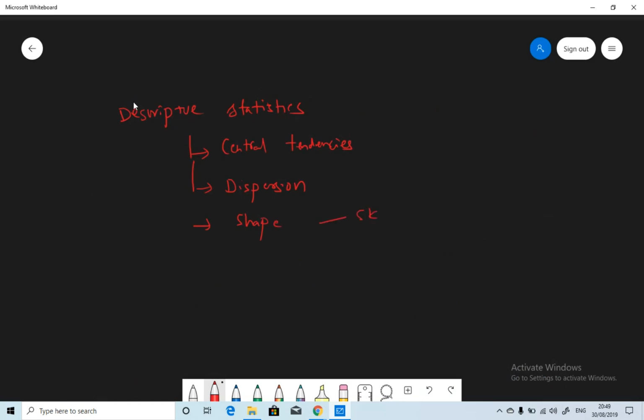Under shape we have skewness and kurtosis. Under dispersion we have IQR, range, standard deviation. Under central tendency, mean, mode, median. This is what descriptive statistics is all about.